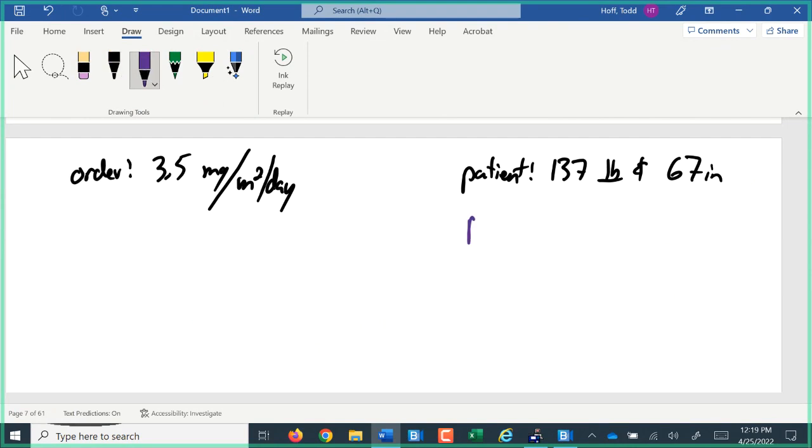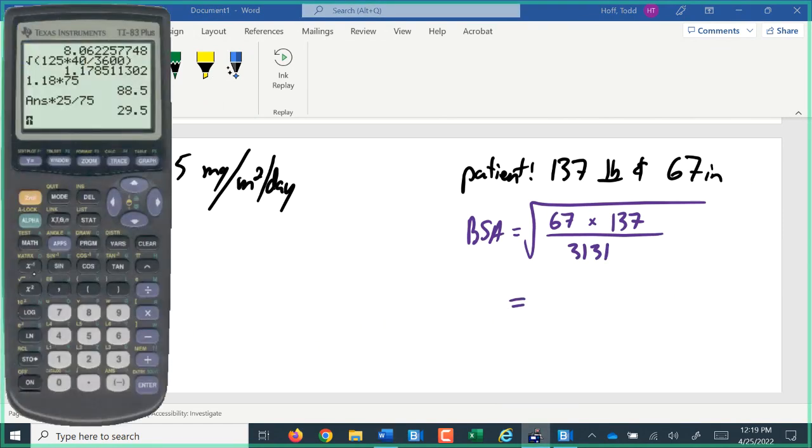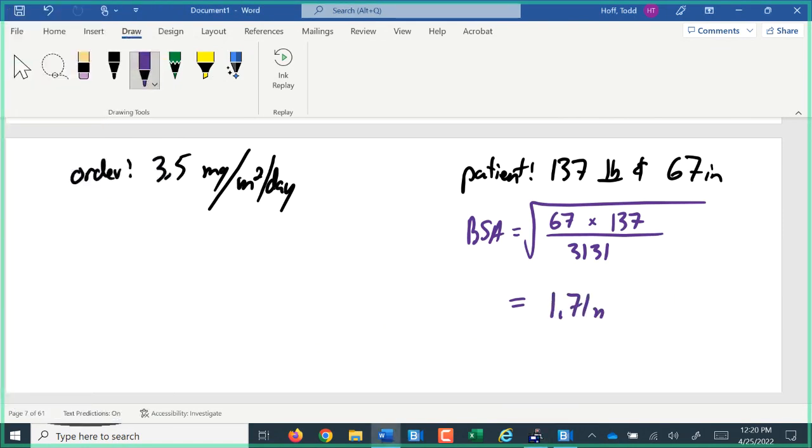So we find the body surface area. So it's height, 67 times weight of 137. But since those are in pounds and inches, it's over 3,131. Second square root, 67 times 137 divided by 3,131. We get 1.71 square meters body surface area.